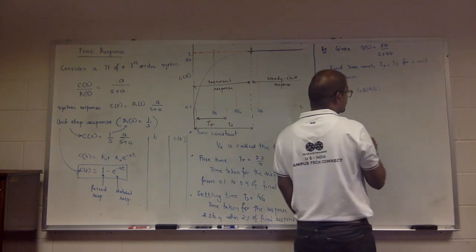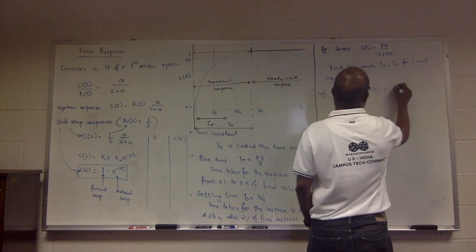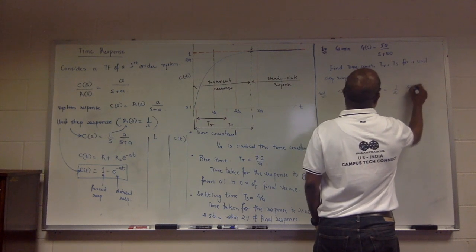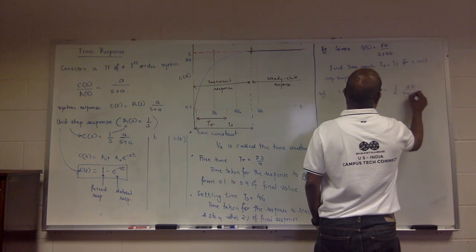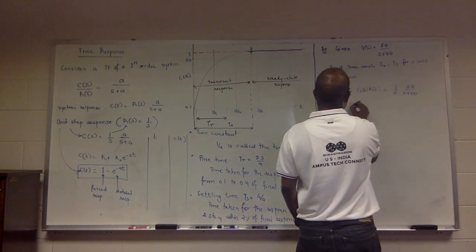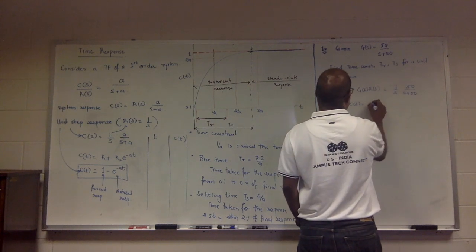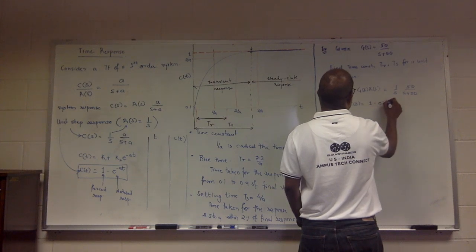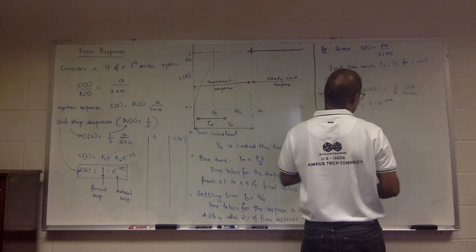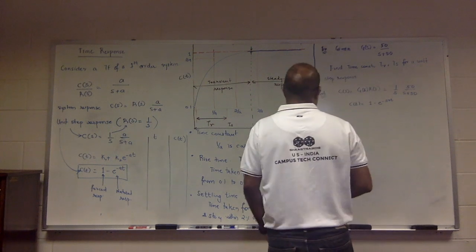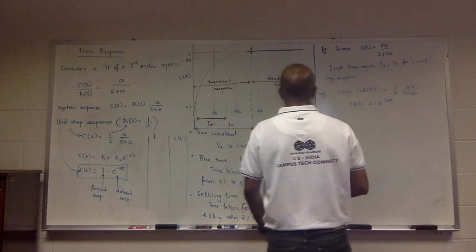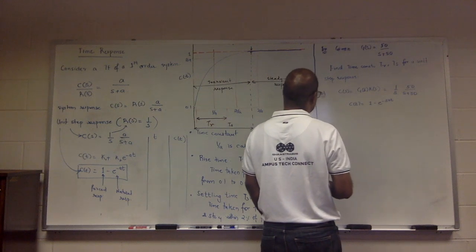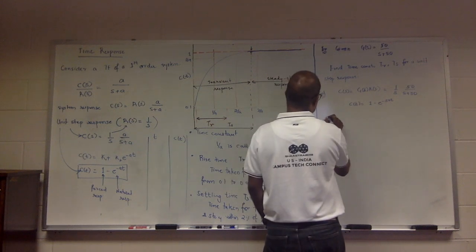And R of S is 1 over S. So it is 50 over S times S plus 50. Okay, your C of T is simply 1 minus e to the power of minus 50t. What you're going to realize here is time constant. So what is time constant?